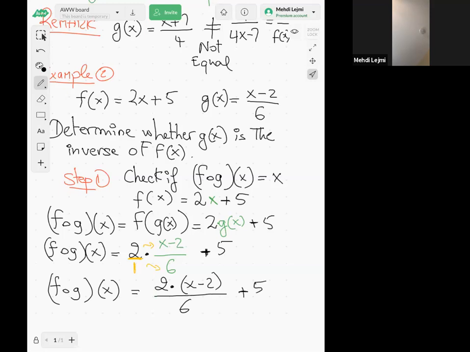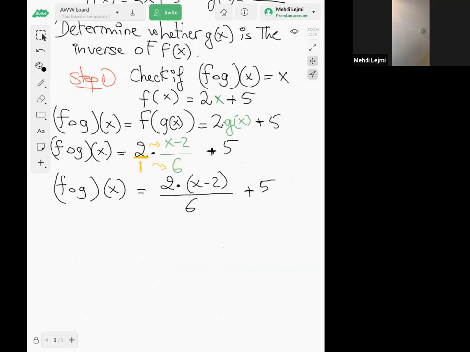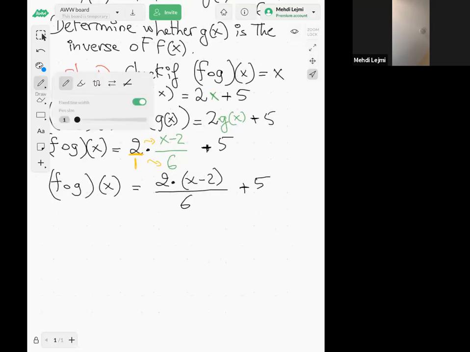There's 2 over 6, so you can reduce by dividing by 2.